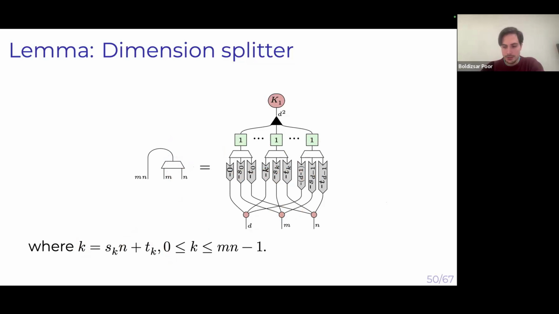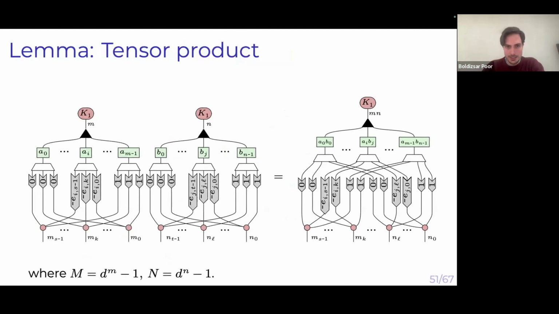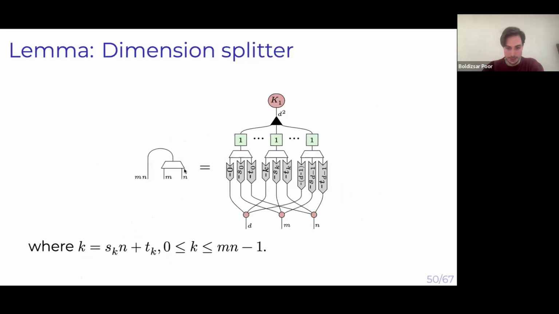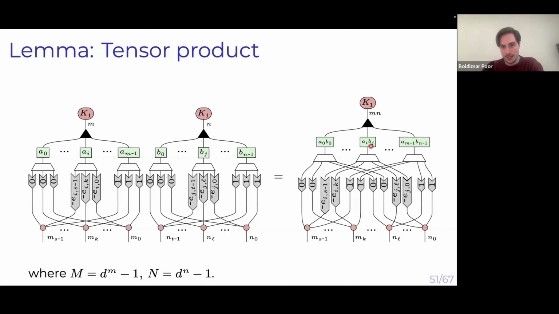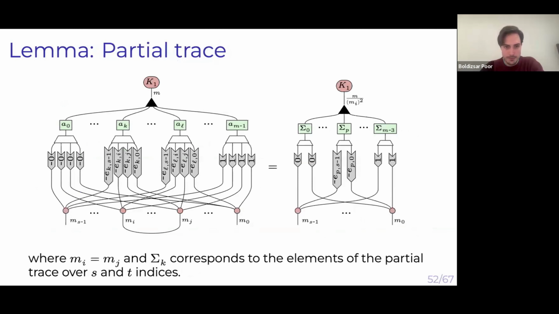So these were all the generators of our language, the ZXW and the dimension splitter. So that's done. The next thing we needed to show was that the tensor product of two normal forms equals a single normal form. And this is the lemma, and you can find its proof in the paper.